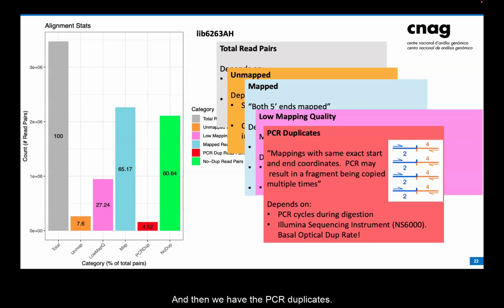And then we have the PCR duplicates. This category is basically when we map reads that have exactly the same start and end coordinates. That couldn't happen by chance with a whole genome shotgun library. So those indicate that the PCR may have ended up producing multiple copies of some fragments relative to others. Okay? It comes from the same fragment and was sequenced over and over.